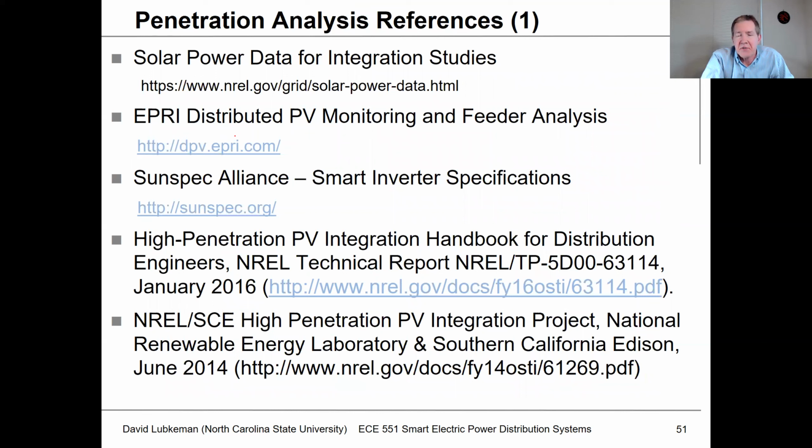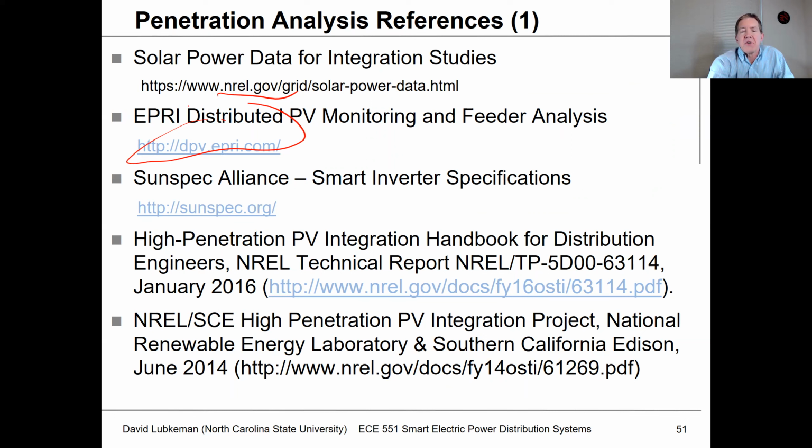So anyway, just to finish this off, there are a lot of different references out there that you can take a look at. As far as getting solar data, if you need typical sites in North America, this is available from the National Renewable Energy Lab. There's actually a site that has data you could use. EPRI, the site I mentioned before, has some 1-second data, which is kind of interesting.